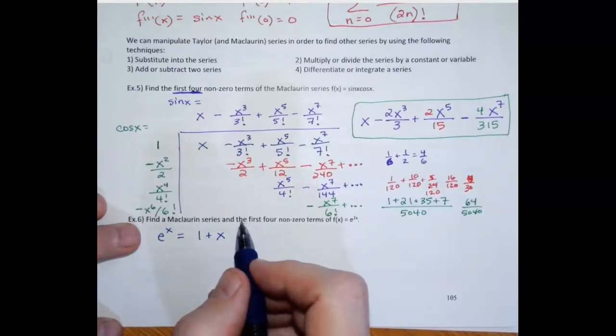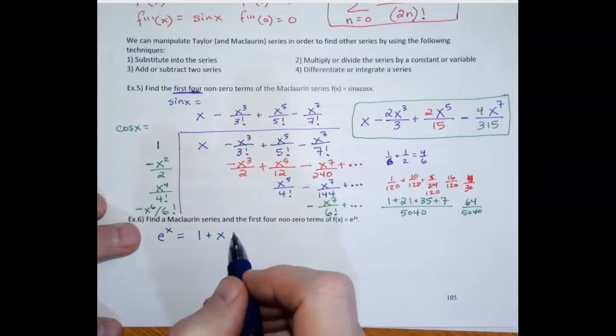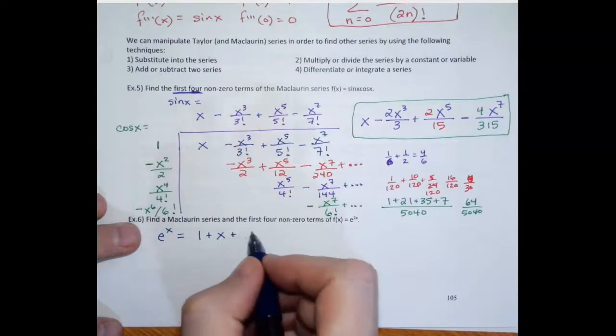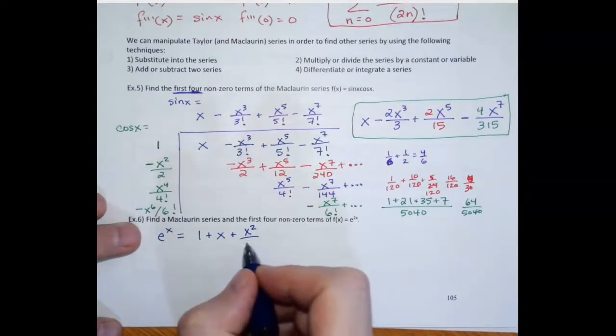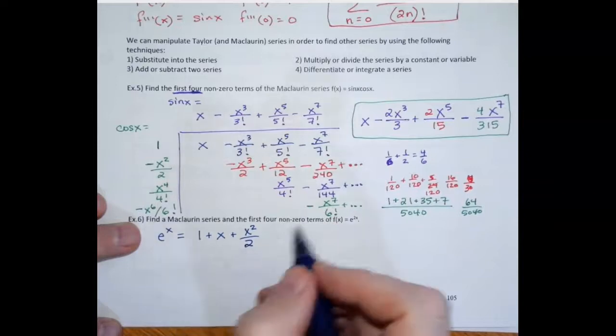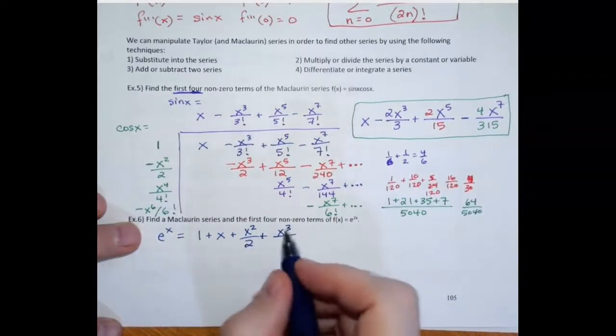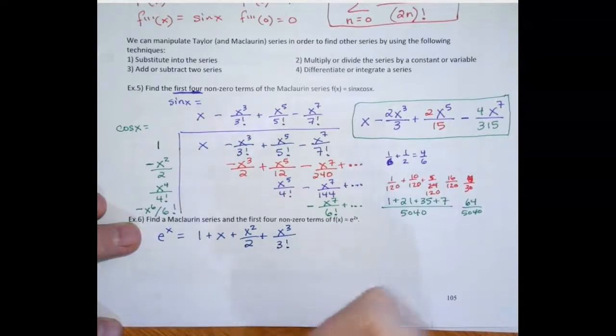Not exactly, but kind of like we combined sine and cosine but made them all positive, I guess. So that's going to be x squared over 2 and x cubed over 3 factorial.